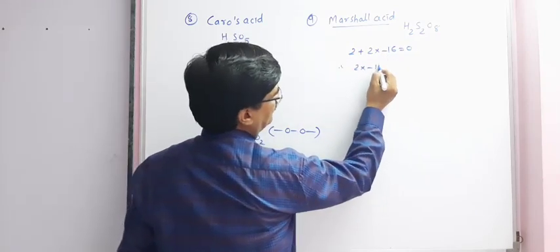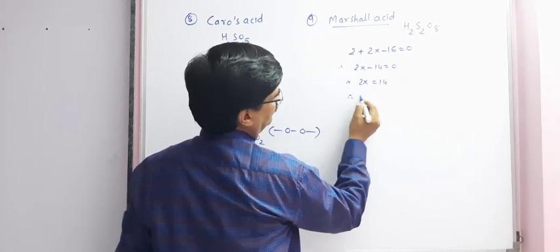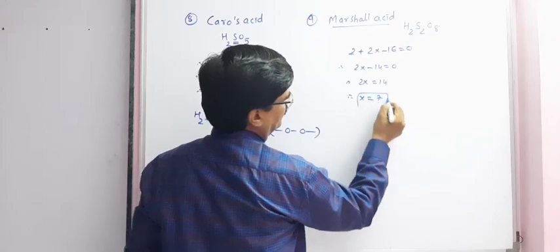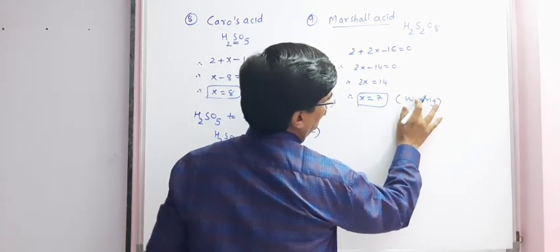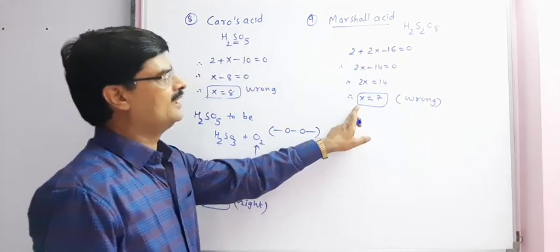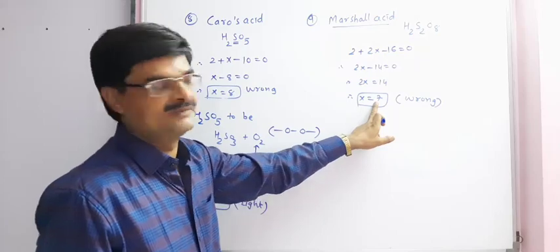Therefore, 2X minus 14 is equal to 0, 2X is equal to 14. So X is equal to 7. Again, the answer is wrong, because the oxidation state of sulfur comes out to be 7.